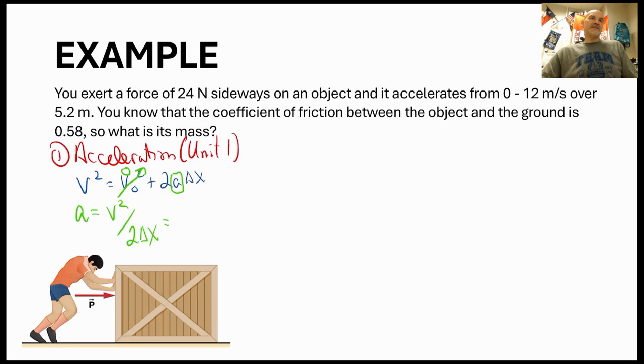So it's final velocity squared divided by 2 times our displacement. Our final velocity is 12, and we're going to do 2 times 5.2 meters, and we get an acceleration of 13.8 meters per second squared. Okay, so that's step 1.